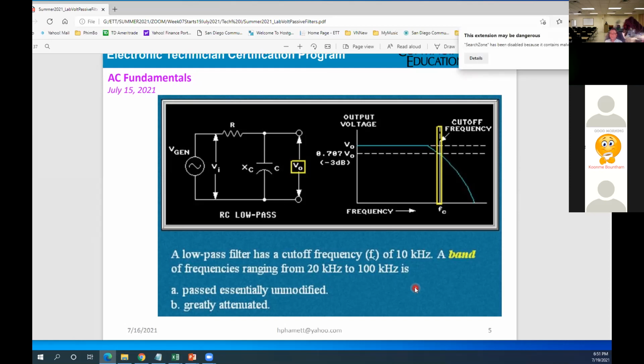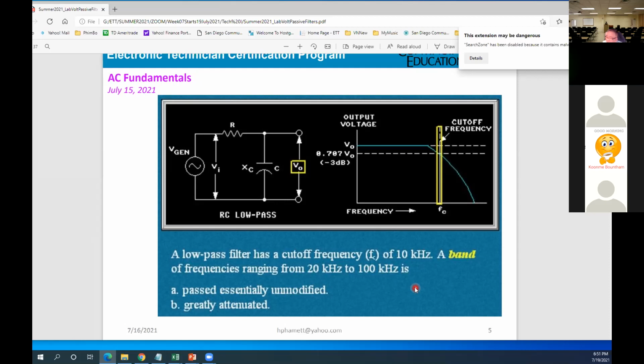A or B, 50-50. B. Low pass filter, cutoff 10 kilohertz. That means any signal from 0 up to 10 kilohertz will be the pass band. They are allowed to pass.